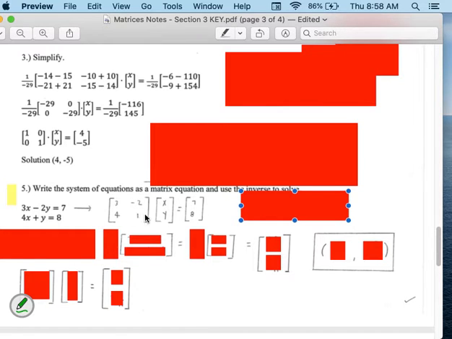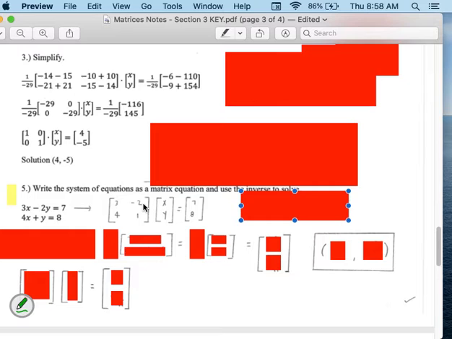From right here, we need to find the inverse. Okay? The inverse is A times D. So 3 times 1, type it in your calculator. 3 times 1 minus 4 times negative 2.